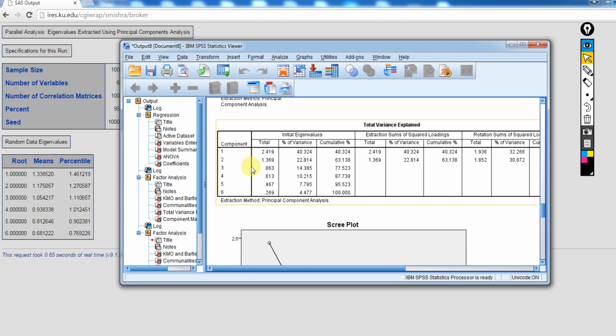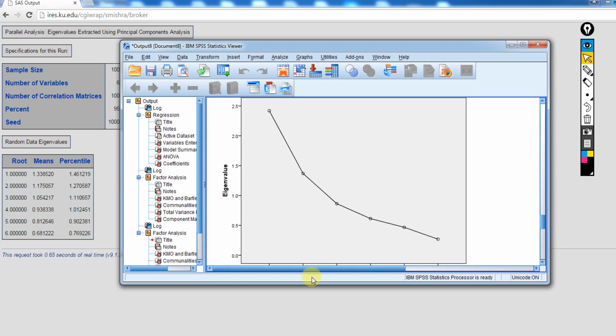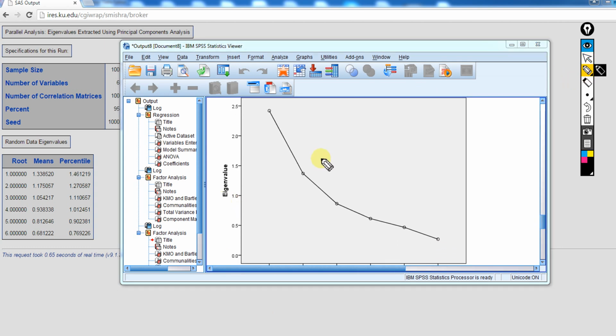If I was going to plot this out to give a visual representation, the first random eigenvalue is 1.46, so for the first component it's falling right around here. The second one is 1.27, so it may fall somewhere around here. The third one is 1.11.